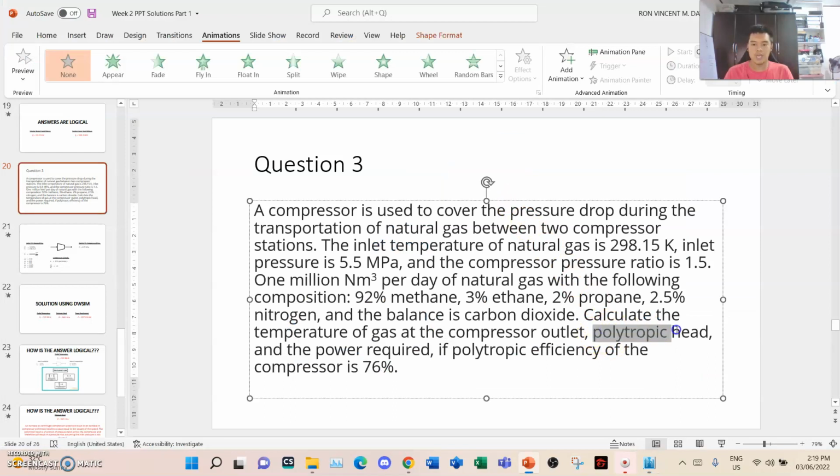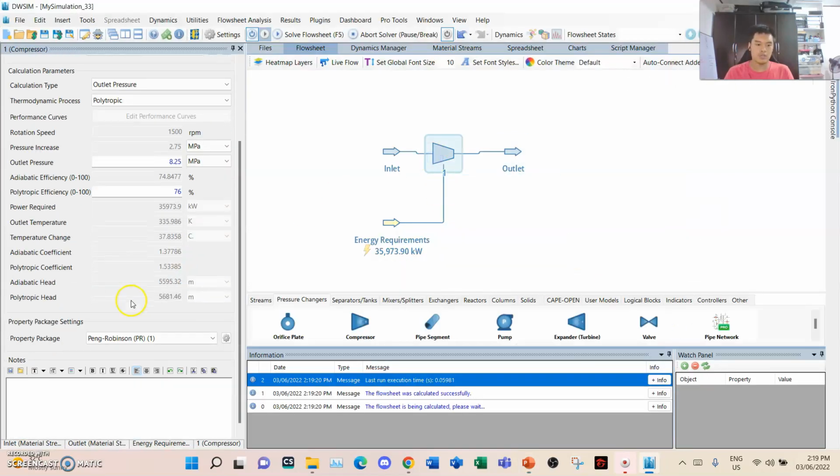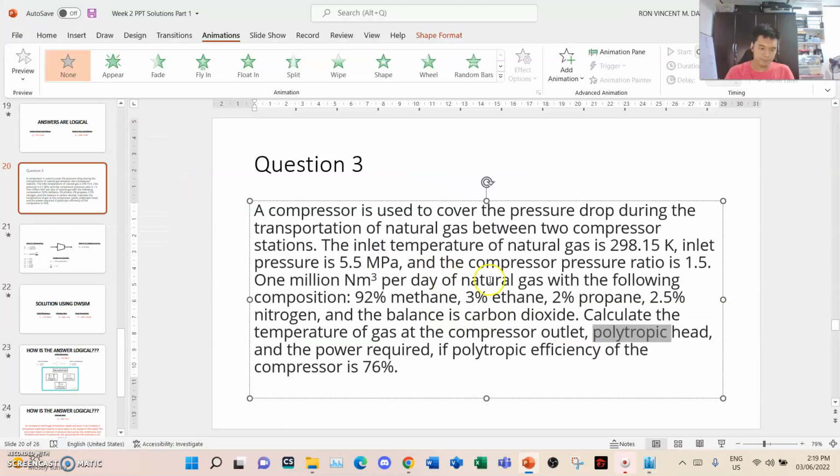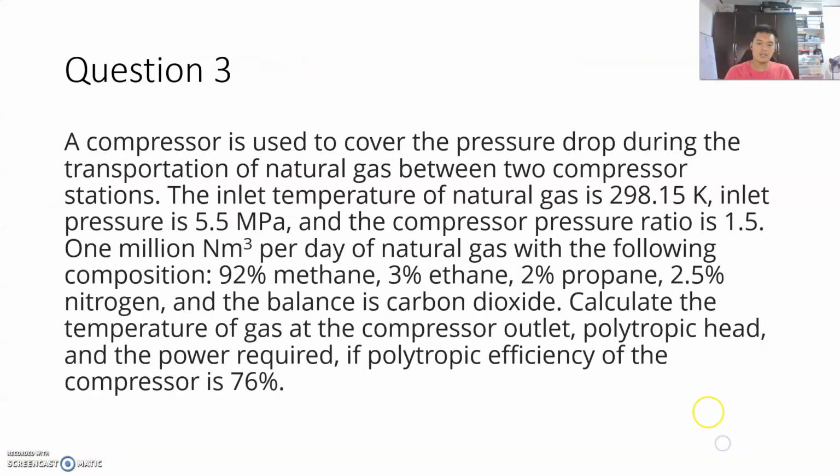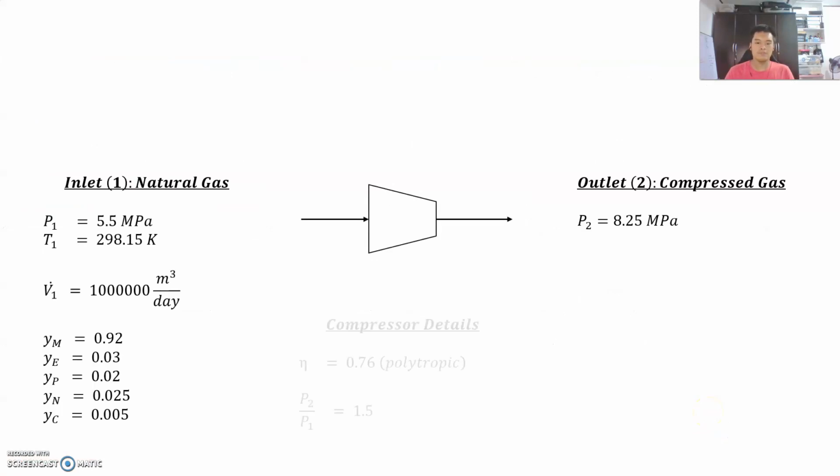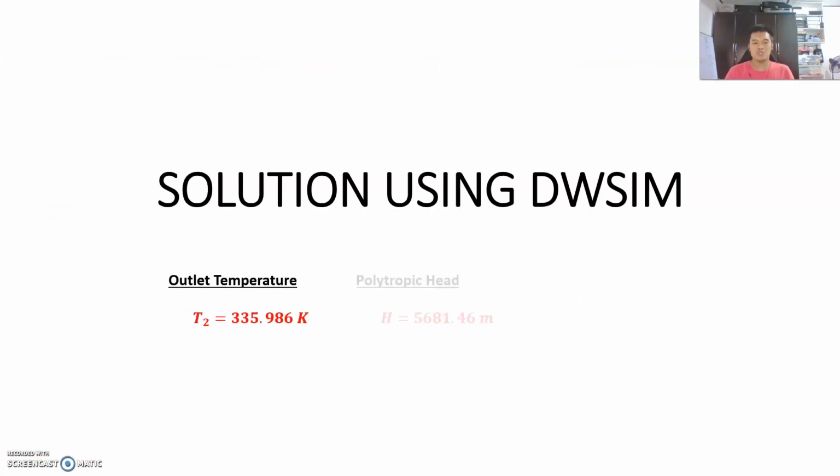The polytropic head, we can find that here in the compressor box. So the polytropic head is 55,681.46 meters. And lastly, the power required for everything to function is here, 35,973.90 kilowatts. Alright, so going back, we have solved it using DWSIM: the outlet temperature, polytropic head, power requirement.